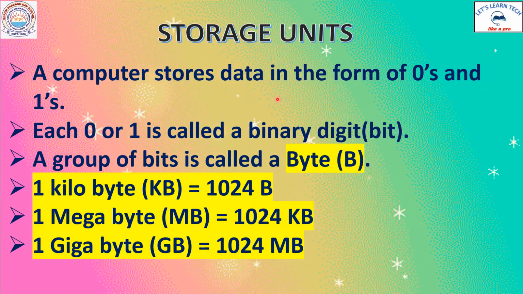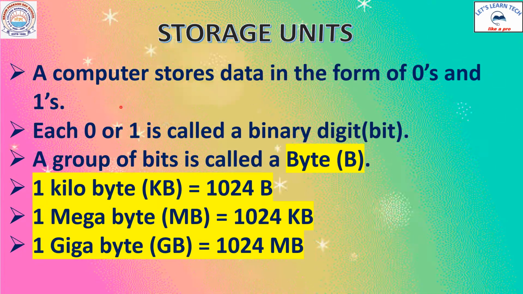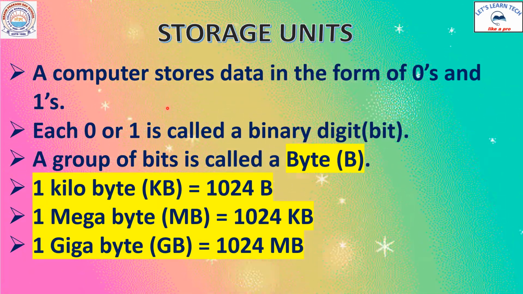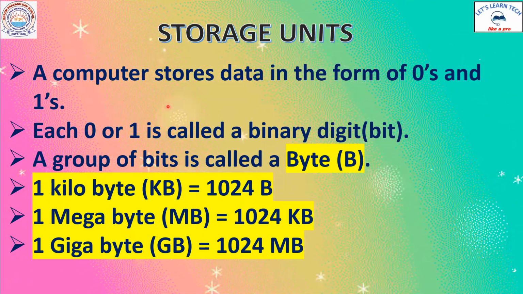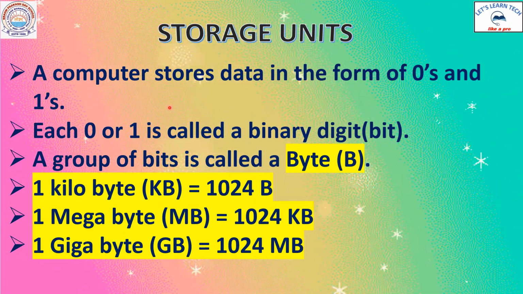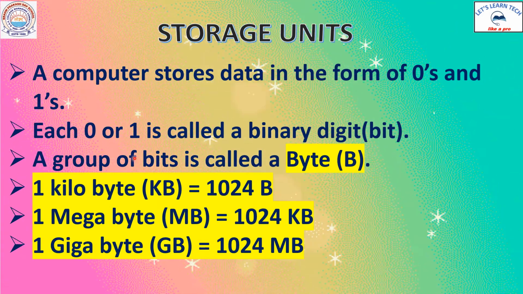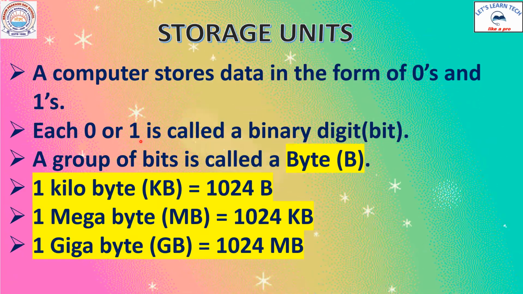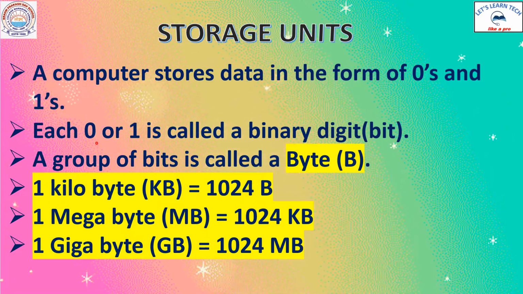Now, the computer stores all its data in the form of zeros and ones. The computer doesn't understand our language. Whatever data or instructions we give to the computer, it translates into a binary language. In that binary language, we have only zeros and ones. Different combinations of zeros and ones form a binary language. Now, what are these 0 and 1 called?